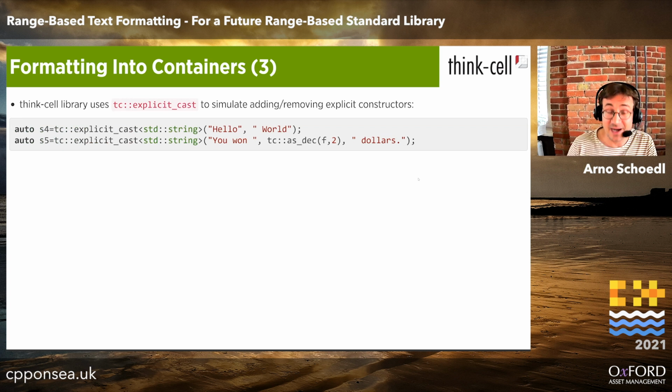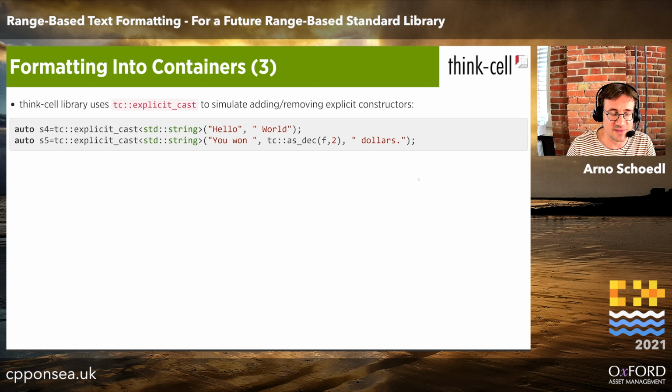Now, since we can't change constructors in the standard library, our library does a little workaround and says we introduced an explicit cast, which we kind of use throughout the library everywhere when we have to construct things, which has the advantage that there we can really simulate adding or removing the explicit constructors that we would like to add or remove from a type, but we can't because it's the standard and we can't change it, right?